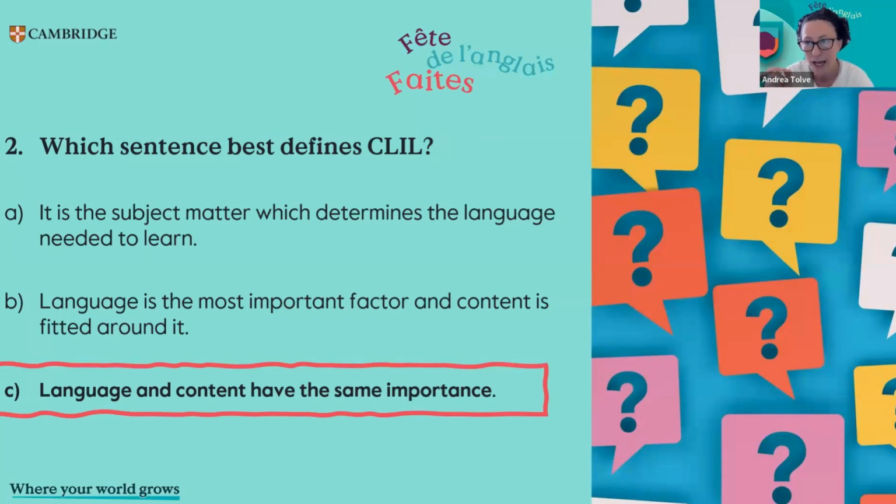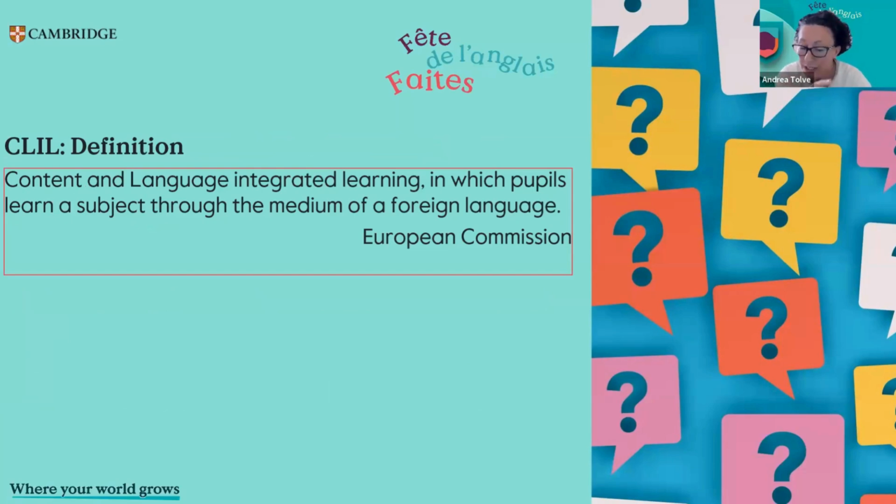Let's just take a quick look at a definition. According to the European Commission, content and language integrated learning is which pupils learn a subject through the medium of a foreign language. But I think that this definition doesn't really tell us to what extent or what level pupils learn a subject.